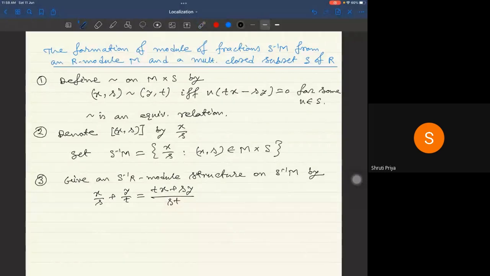And of course you cannot multiply two elements of S inverse M, so you take one element from S inverse R and another element x by s of S inverse M, and that is an element of S inverse M. So then you can multiply them: a by u times x by s equals a x by u s, for all x by s, y by t belonging to S inverse M, and a by u belonging to S inverse R.